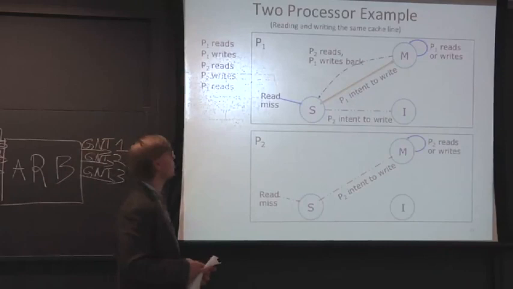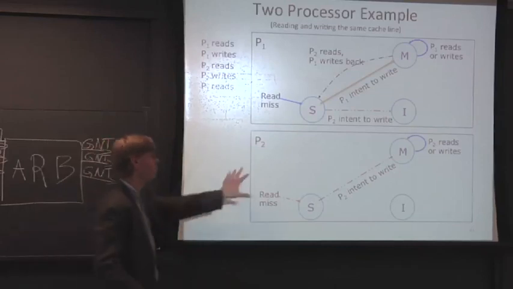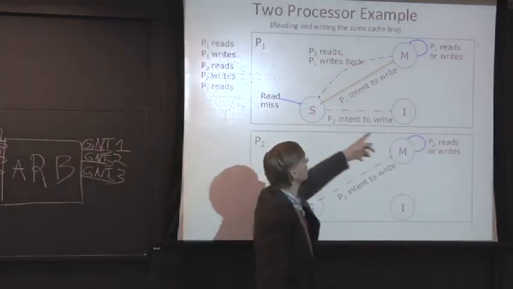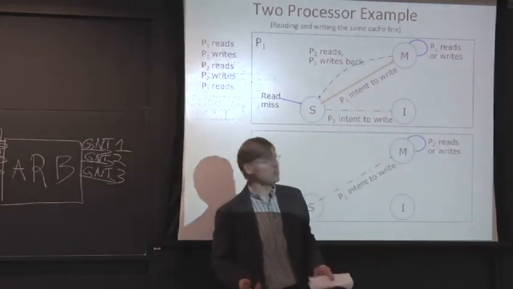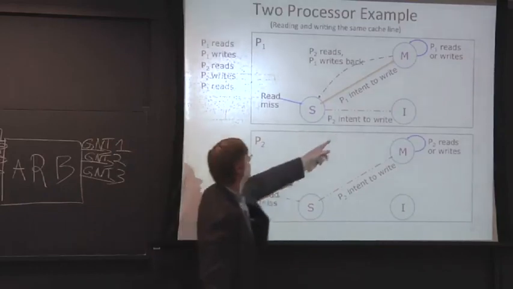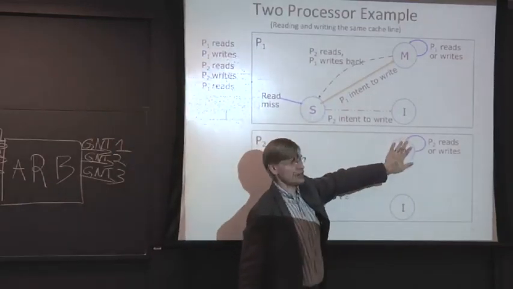OK, so let's say processor 1 wants to do a read to this line. This line's getting a lot of traffic to it. Processor 2 just wrote it, and it's in the modified state. Processor 1's in the invalid state. All of a sudden, what's going to happen is it's going to want to try to transition to the shared state, but this modified state is going to cause a problem.